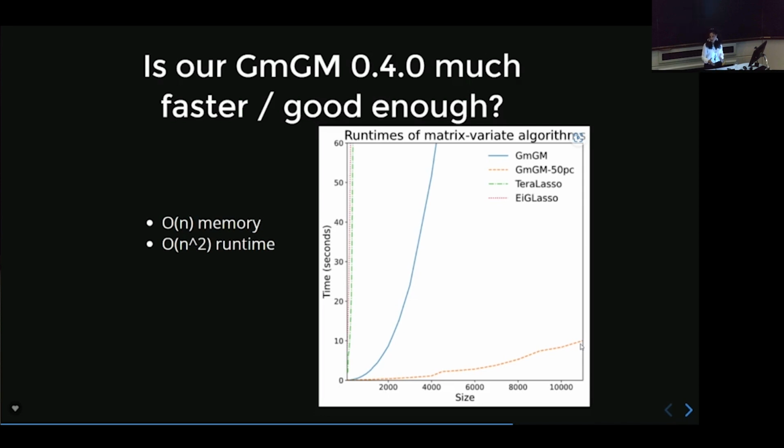If you have less data, you're better off with the original GMGM that doesn't make all these assumptions, and you will have much more accurate results. But when you have a lot of data, you get away with all these assumptions and have a reasonable estimation, and your decision is between running something or running nothing, because you can't really run anything on large data sets.